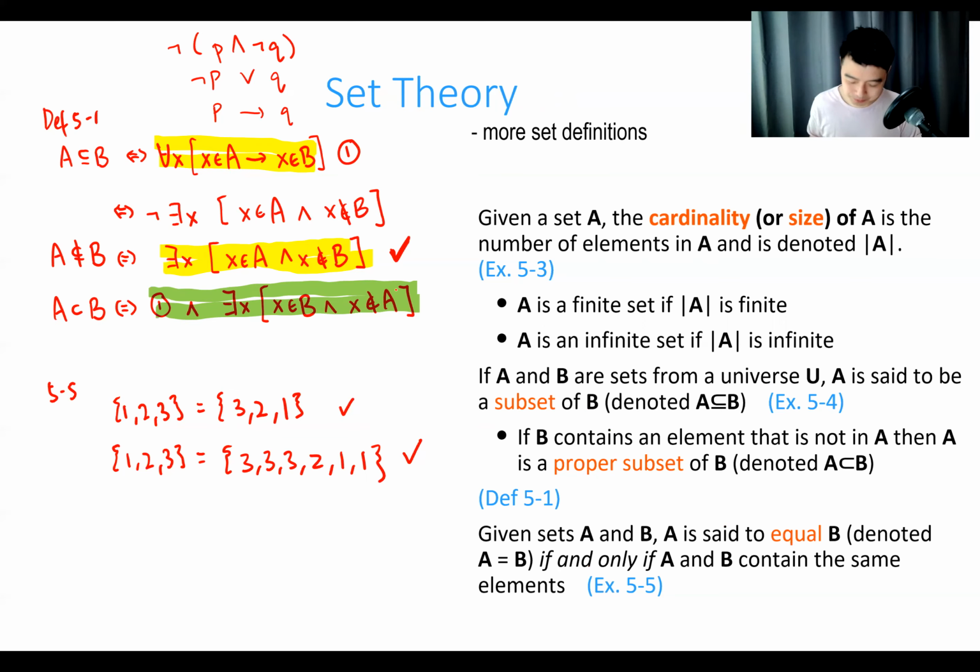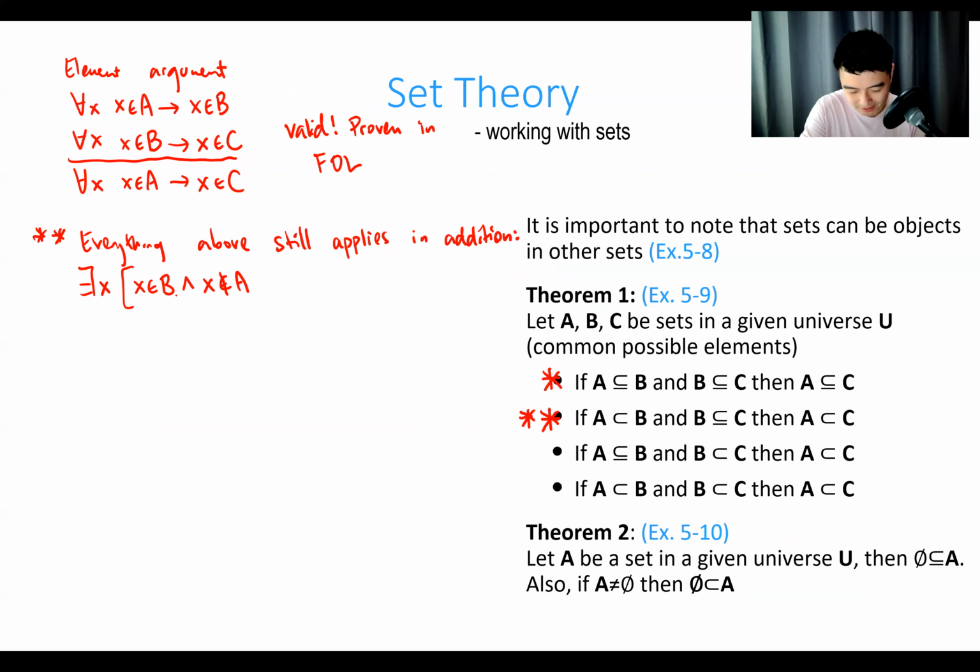Now, since there is an element in B and not in A, I'm just copying this down. And this same element must be in C as well. Now, what did I just do? I added this X is in C, but why can I say this?